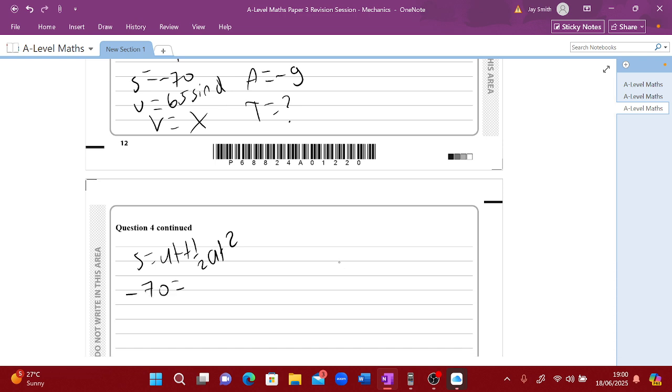Minus 70 is going to equal 65 sine alpha t plus a half at squared. So I'm going to say g is minus 9.8. So 9.8 divided by 2 would leave us with minus 4.9 t squared. Okay.